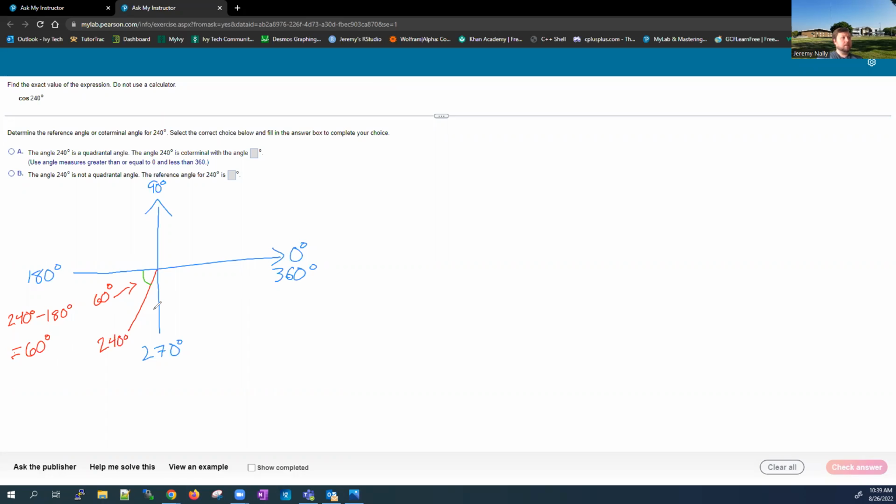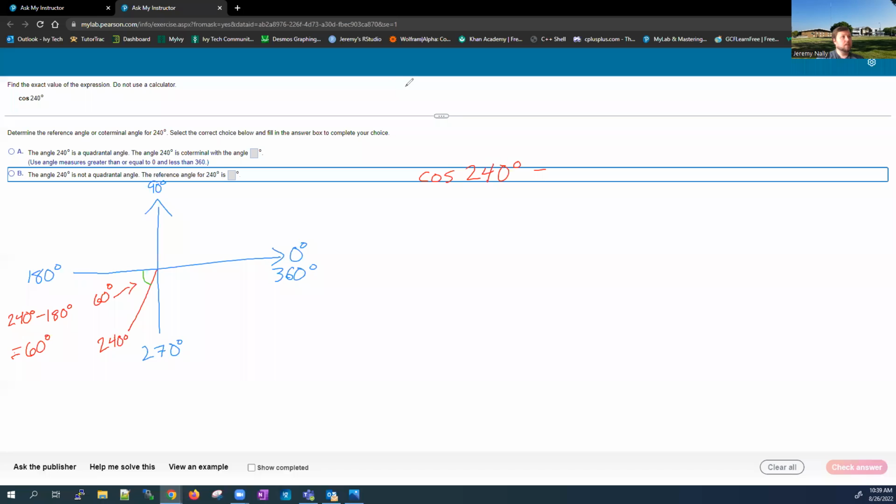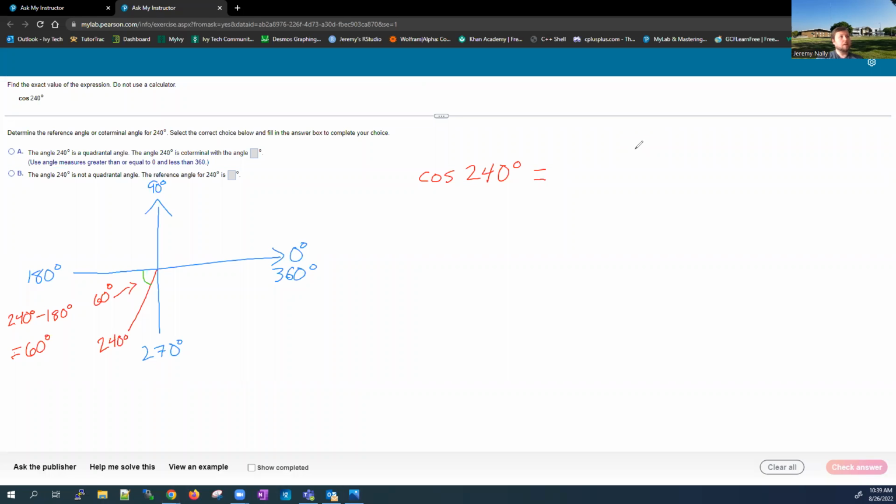And what we'll find when we go to figure out a problem like this, so this cosine of 240 degrees, what we can do with this reference angle is we can write the cosine of 240 degrees in terms of cosine of 60 degrees.